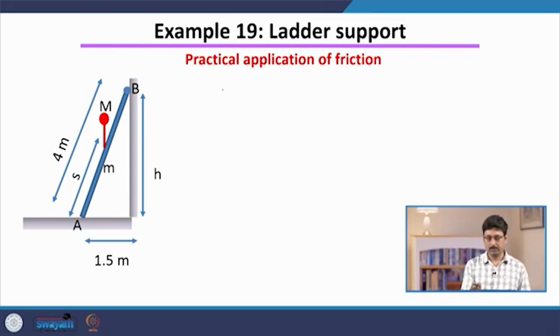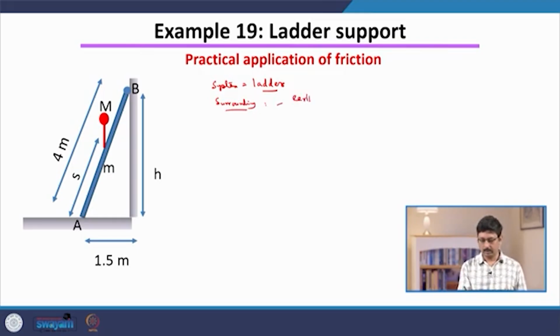Again we are going to use the force balance and torque balance approach, and quickly go through the steps and the equations. So, let us take the ladder as our system, then the surroundings are of course everything else, which means the earth, the floor and the wall.